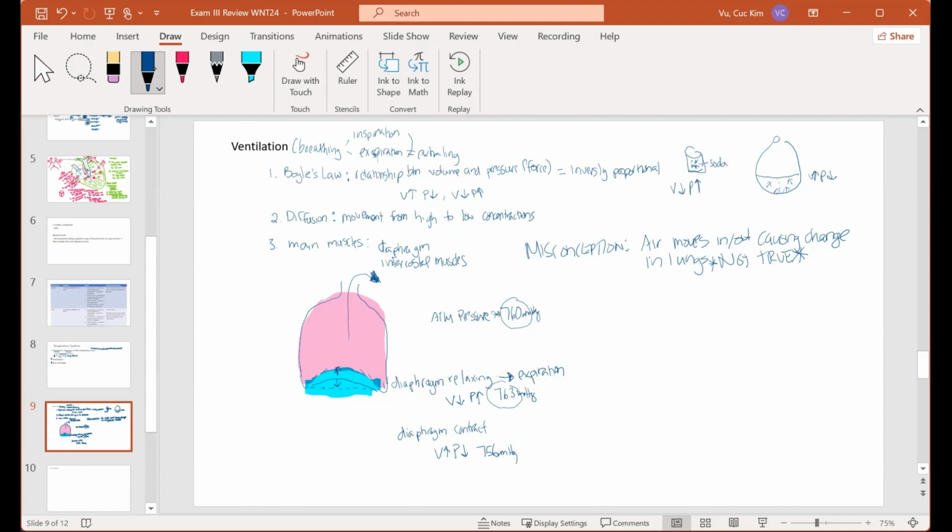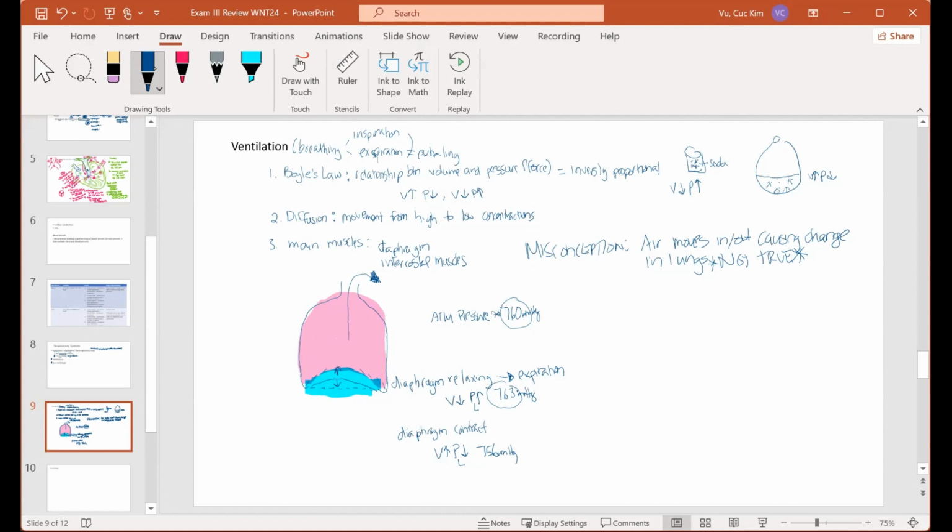So the pressure of the lung, there we go. Sorry, I forgot to put the L in there. So the pressure of the lung is now 756, where the pressure of the atmosphere is 760. So the pressure of the atmosphere is higher, right? And we know that in diffusion, things go from high to low.